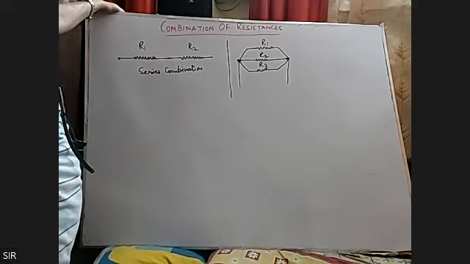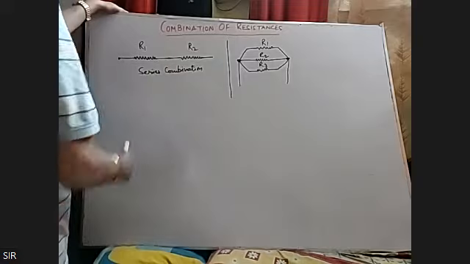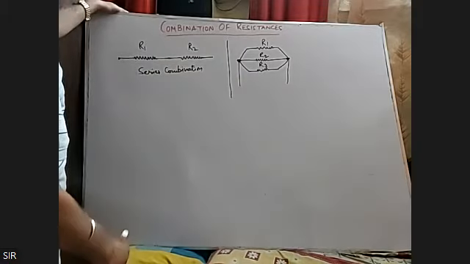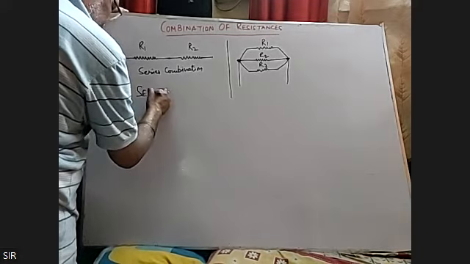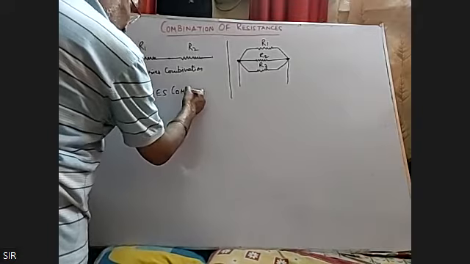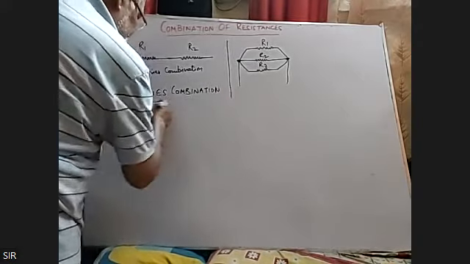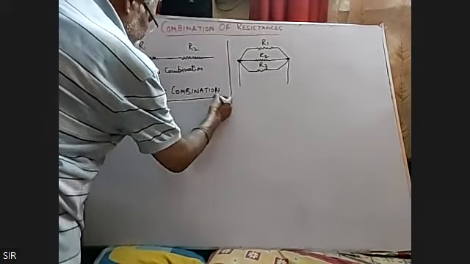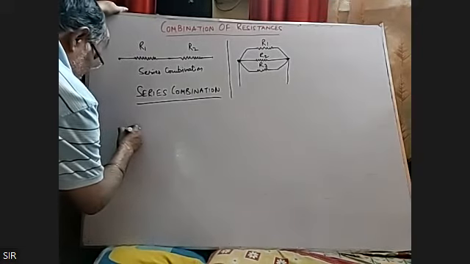Yeah. Okay. Now we will find out what is the equivalent resistance of a series combination. So we will go first for series combination. Listen to me properly. I am going to make a circuit. Suppose I have three resistances.